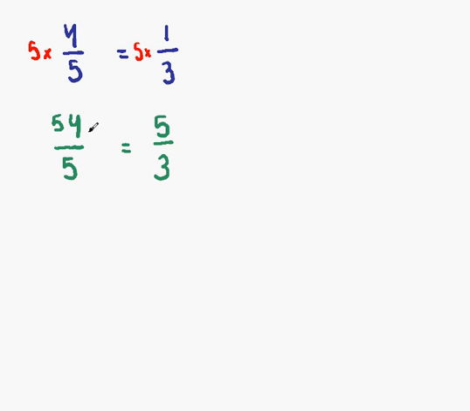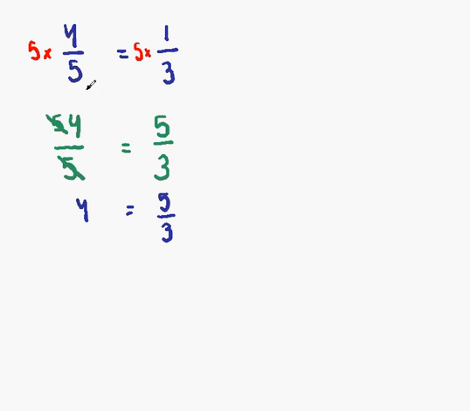If we look at this side, we have 5y over 5, so we have a 5 on the top, which can be cancelled with the 5 on the bottom. That simply leaves us with y. So our next line can be written y equals 5 over 3. In further examples, we will omit this line.